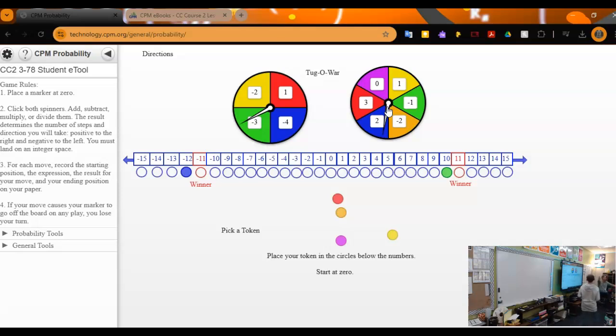Because, hold on. -3 plus 2 is -1. -3 minus 2 is -5. 2 minus -3 is +5. I can't divide because then it'll come out to be a fraction. So I guess I'll just do -3 plus 2 and just go down 1.